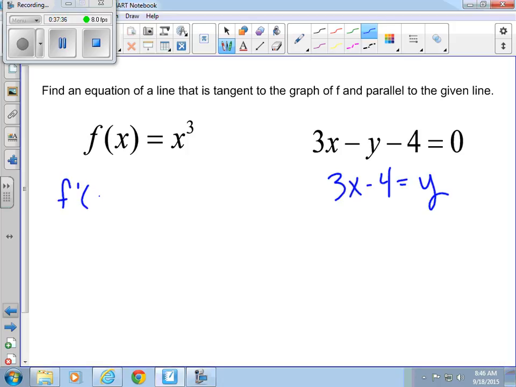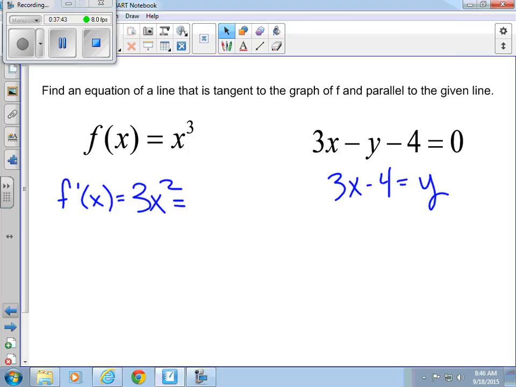The slope of the tangent line is 3x squared. And I want that to be 3. So we're kind of going backwards. We know the slope, want to find where that happens. What would x be to get a tangent line of 3? 1 or negative 1? Everyone agree?